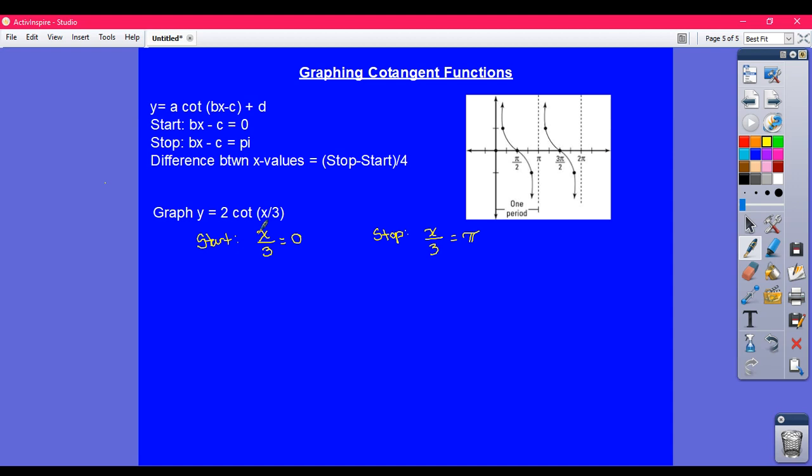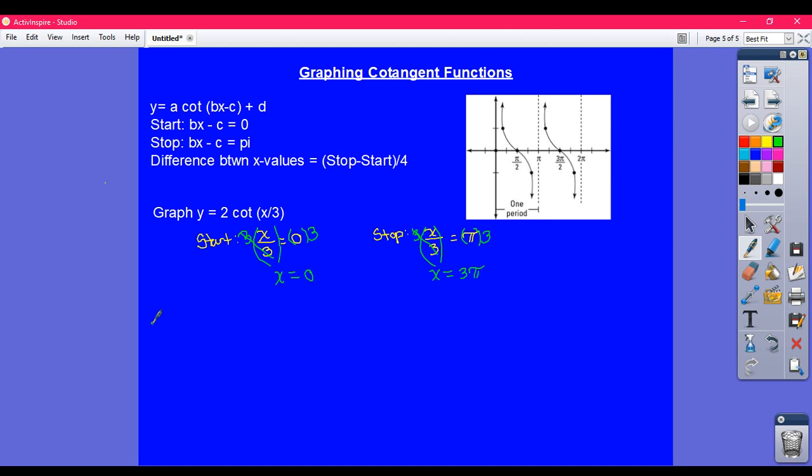So here I'm just trying to solve for x. X is being divided by 3, so I'm going to multiply 3 on both sides. And here I'll get x equals 0. So that's where I'm going to start for my x values. And then if I multiply by 3 on both sides here, solving for x, I'll get x equals 3 pi.